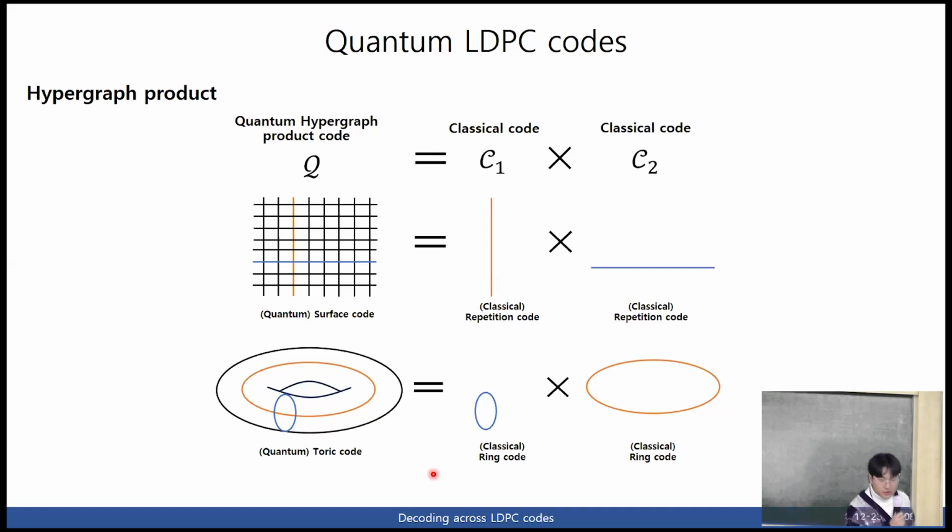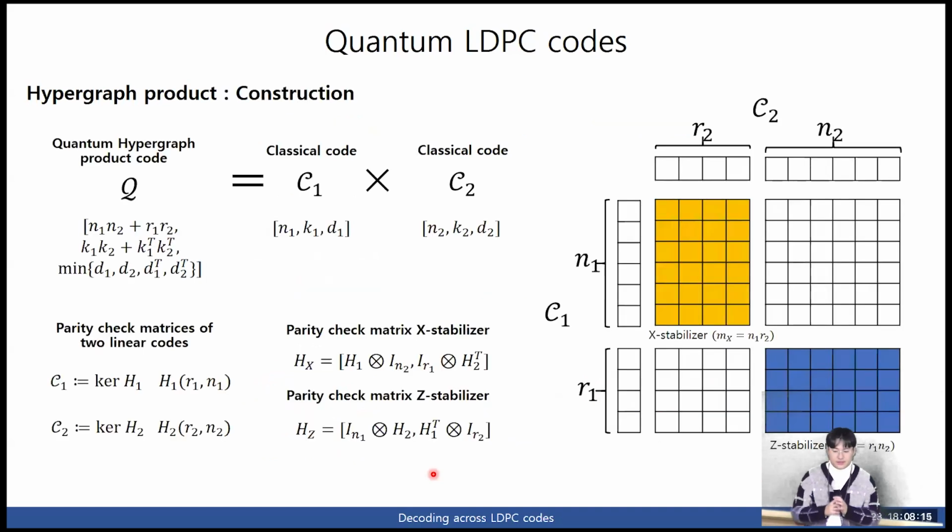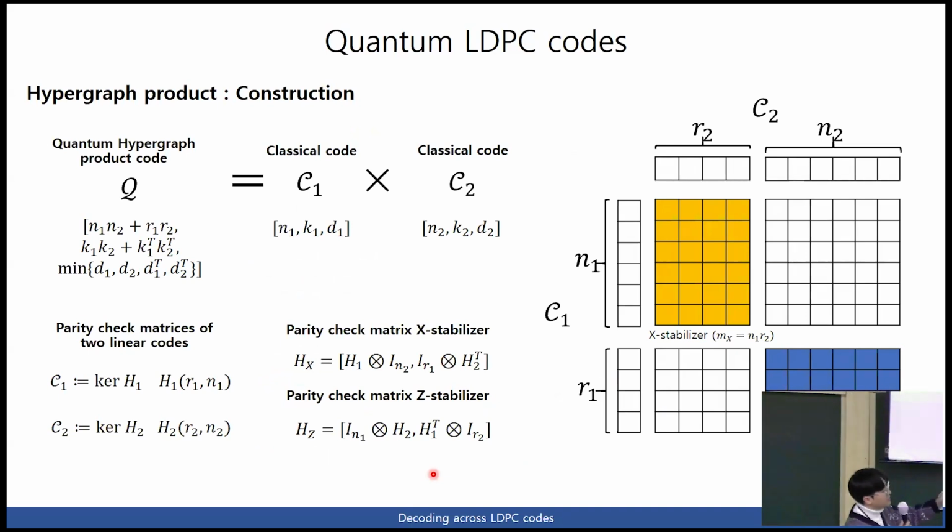The quantum surface code is made of two repetition codes, and the quantum toric code is made of two ring codes, which are classical. I'm not going to go into the details. In brief, we take the product of the rows of the classical code and the columns of the classical code to make X and Z orthogonal to each other.